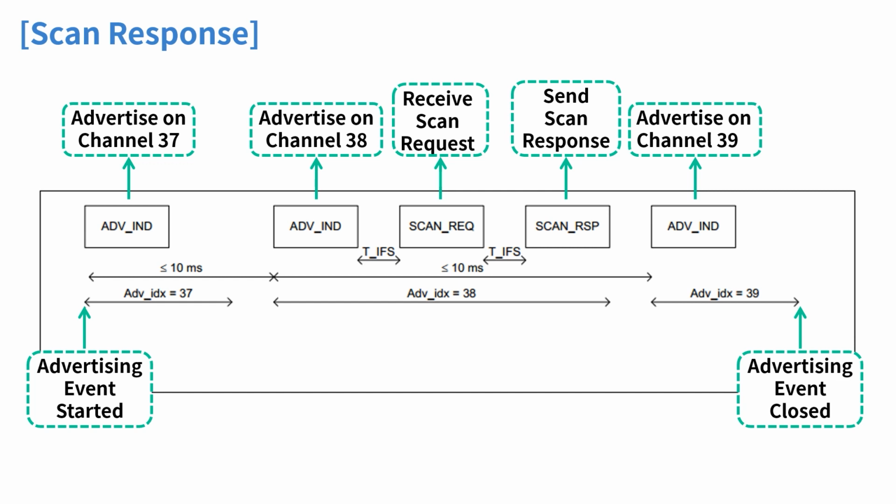The central scans the advertising data on channel 38 and then initiates a scan request. After receiving the scan request, the peripheral will send a scan response. After the response is completed, the peripheral will continue to advertise on channel 39.